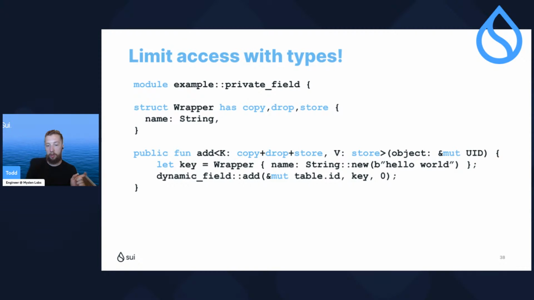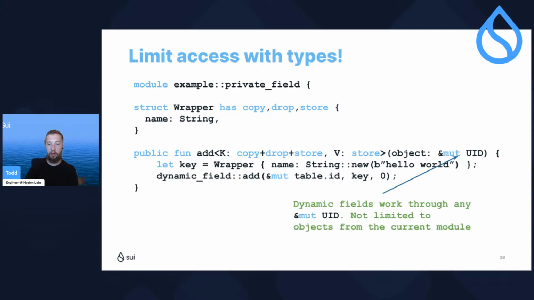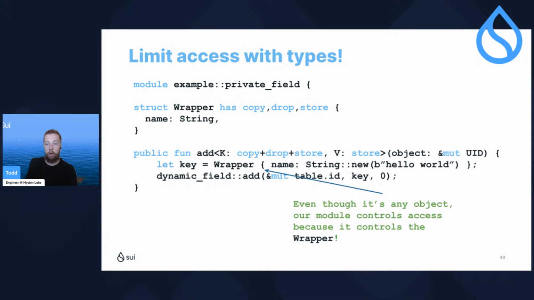So here, instead of using a string directly as the name for the field, we've wrapped it in a type. And now the values of that type are created only inside of this module. So even though anyone can use the dynamic field API that has an ampersand UID, that has the ID of the object, only this module will be able to add or remove or borrow dynamic fields over that object, because it controls the creation of this wrapper type around the string.